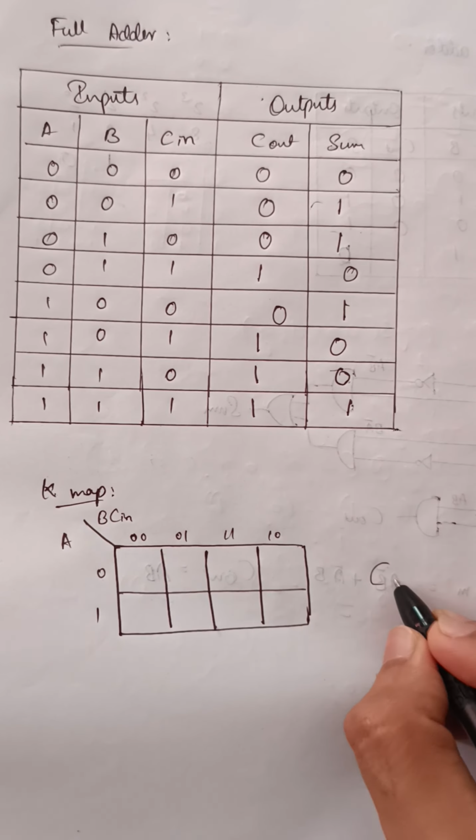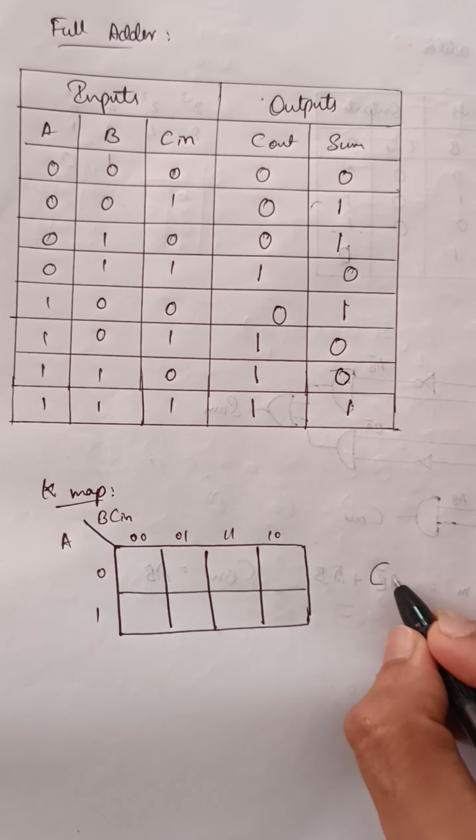And here A and C in are 1, B is 0, it comes here. And this will give A is 1 and B is 1 and C in is 0, that is here. A is 1, B is 1 and C in is 1, that is here.